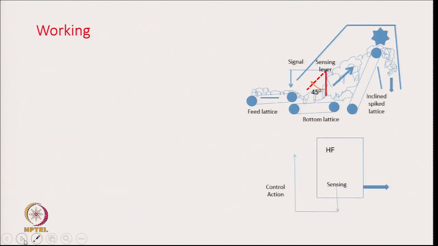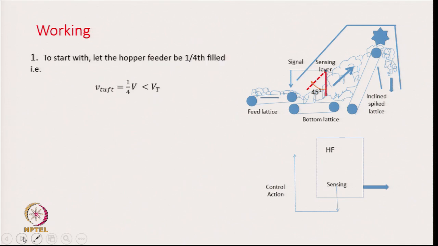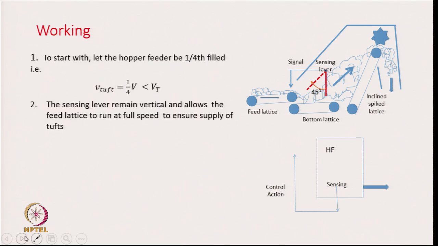So, how does it work? We are going to discuss this. Okay, before that let me just discuss a bit about the sensing lever. The sensing lever is a lever which is hanging here, the red line is showing it, and when the material within this bin increases in volume, this sensing lever is going to be pressed and it will move to the left hand side, it will swing backwards.